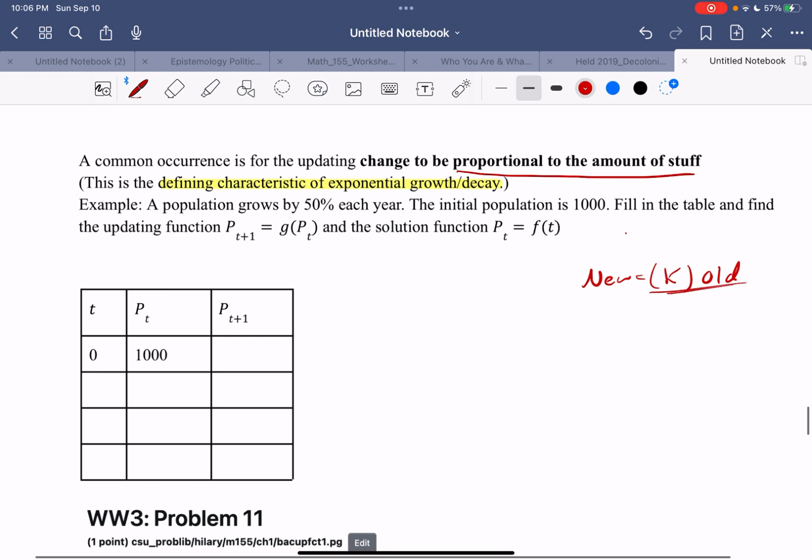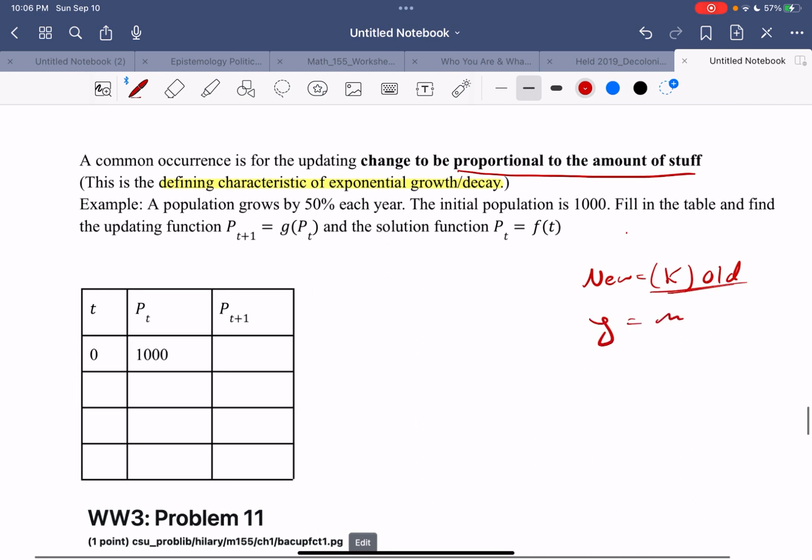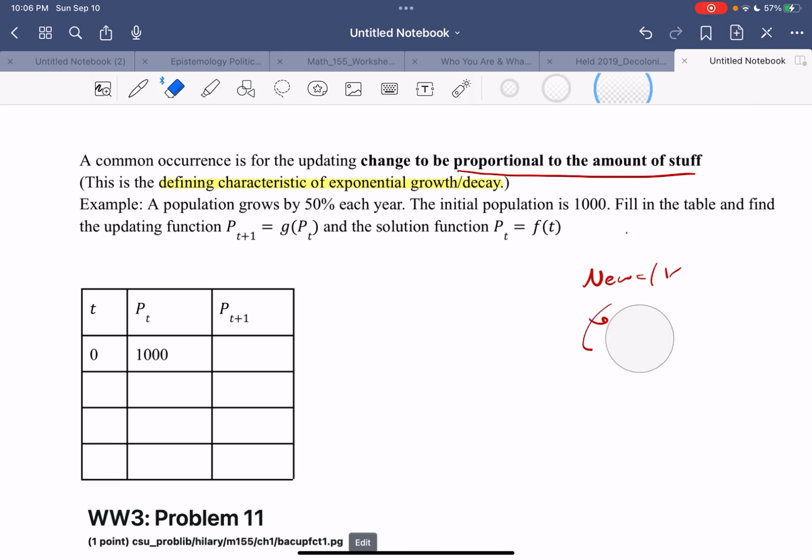This is what it meant to be proportional. It's y equals mx. You just multiply this by some number, and that's your new thing. So when the change is proportional to the amount of stuff, that's what it means when we say exponential growth.